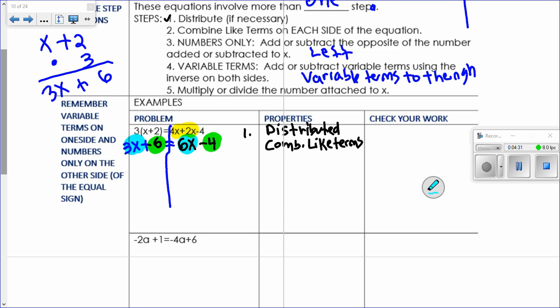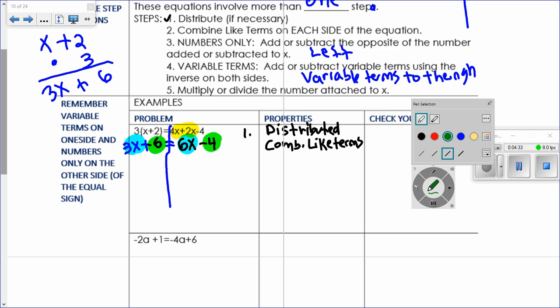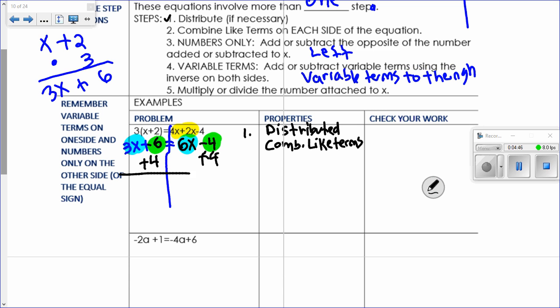The only number term you have there is negative 4. And remember, when you're moving across, you're doing the opposite. So the opposite of negative 4 is plus 4. So I add 4 on both sides of this equation. Okay? I didn't do anything to 3x, the variable term. I didn't do anything to 6x, the variable term. 6 is where it's supposed to be. It's supposed to be on the left.